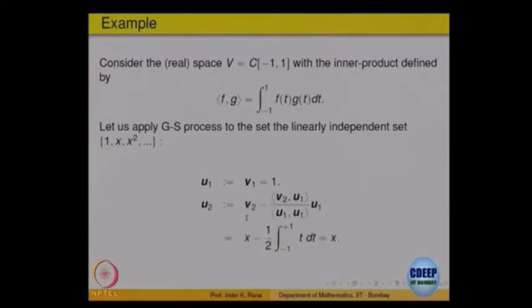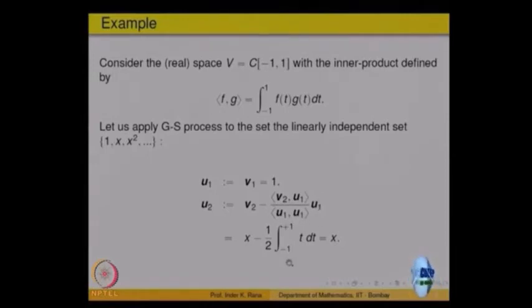What is the next one, u2? From v2 remove the projection. What is the dot product here? It is the integral of v2 u1 dx from minus 1 to 1, divided by the norm of u1.